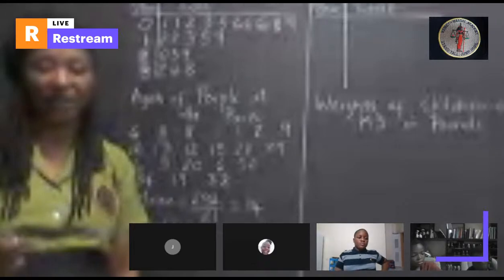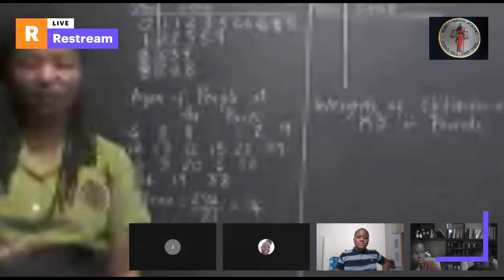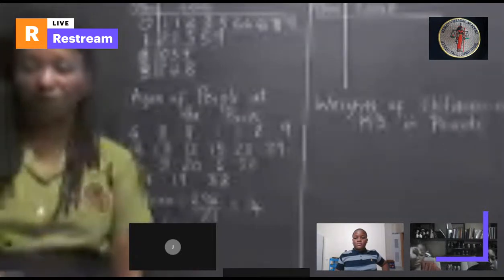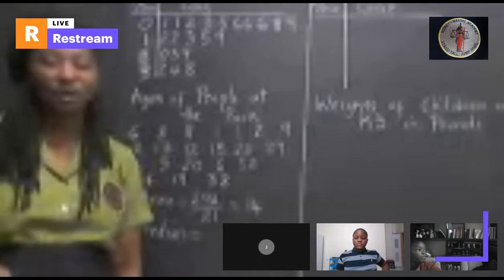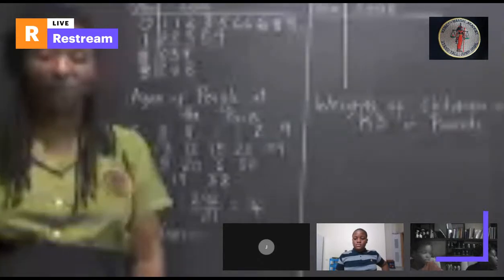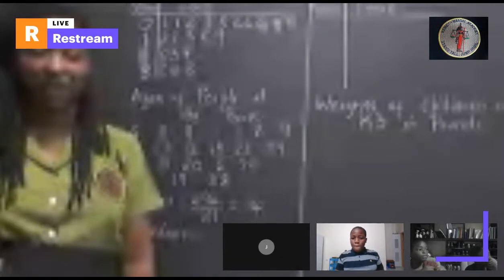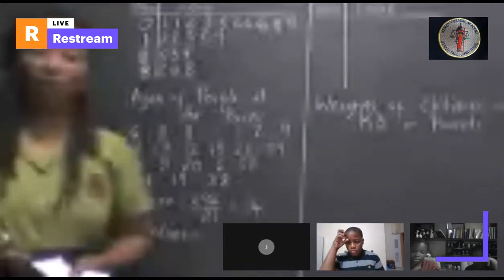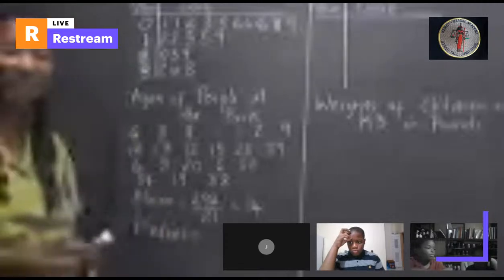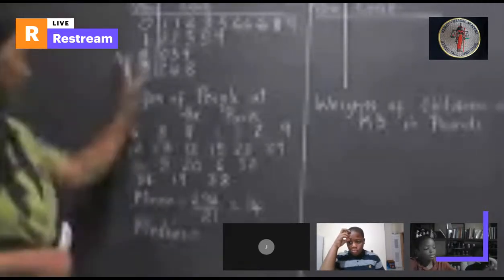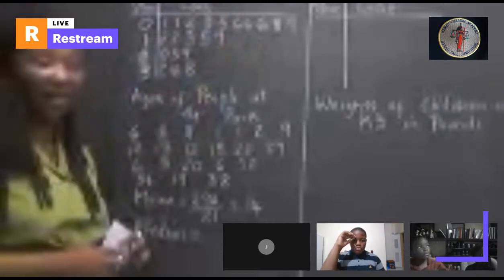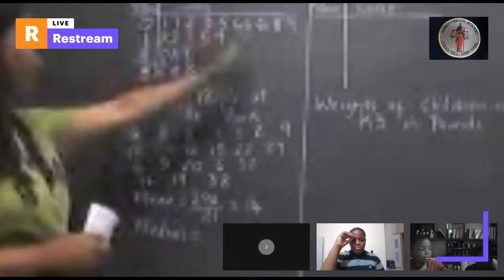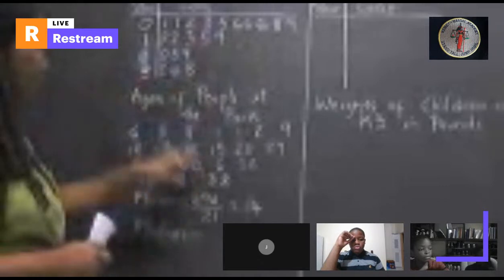Since it's 21 numbers, it's an odd number of numbers. So we know that one number will have 10 numbers on one side and 10 on the other side, and one number will be in the middle. On the stem and leaf, we already arranged them in order and put the smallest first, so it's already in order.